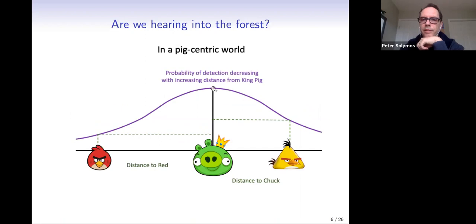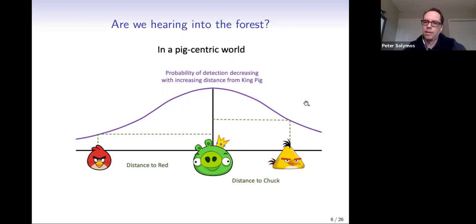And as a result, if you assume some form of distance function, which describes how the probability of detection is decreasing with distance, then the probability of detecting Chuck is higher than the probability of detecting Rat, because Rat is farther away. So King Pig is going to be less likely to detect Rat than Chuck.